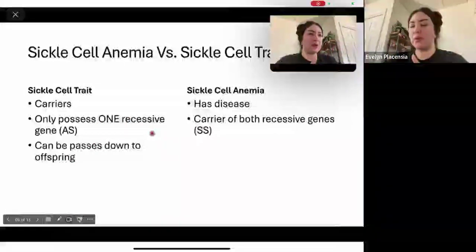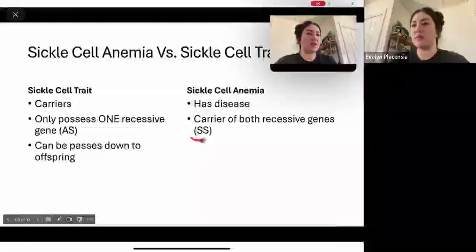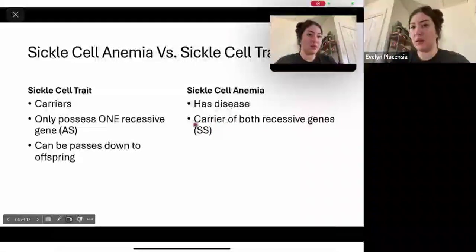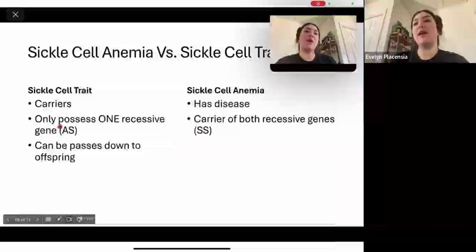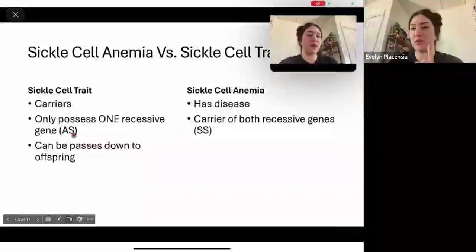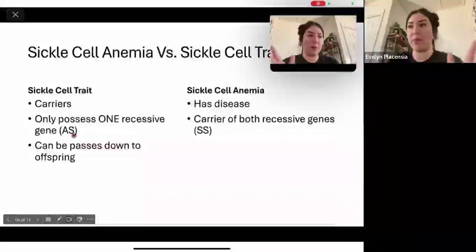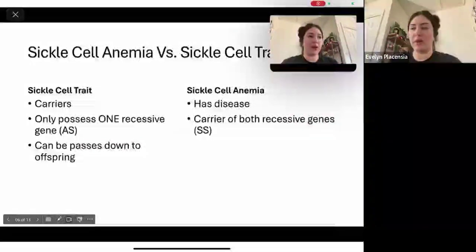I briefly wrote on the other slide that for sickle cell anemia, the hemoglobin S is referred to as SS. This is for the disease. But if we're talking about the trait, we're talking about AS. They only have one recessive gene. That's why there's only one S. And then remember, normal is AA. They don't have it at all.